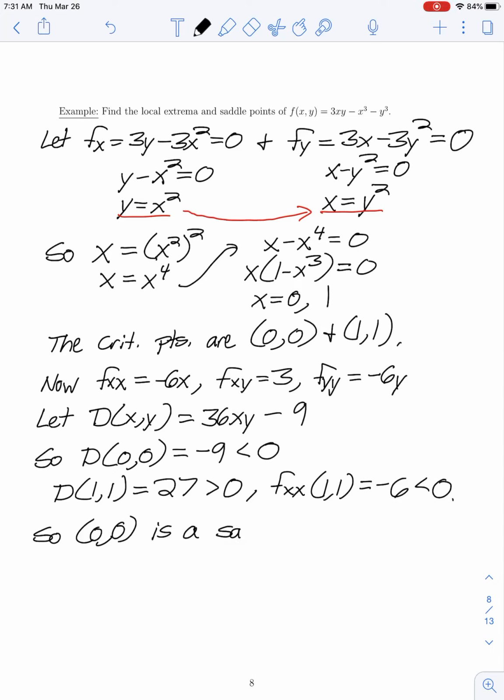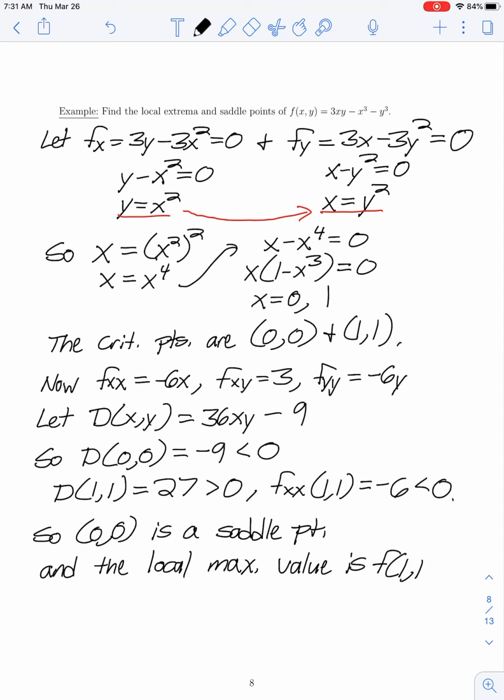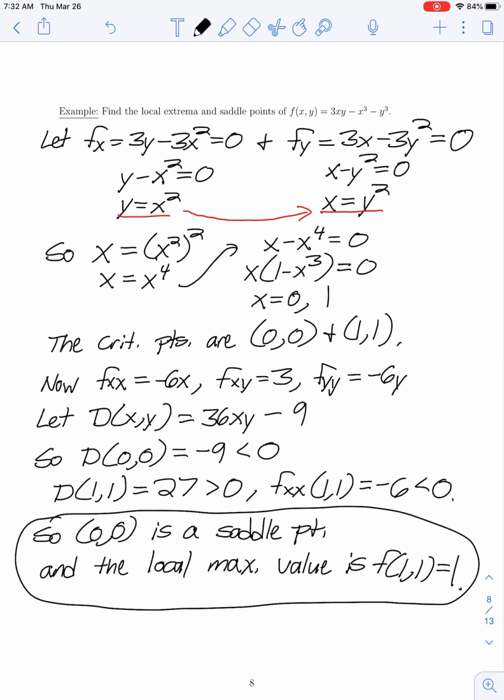So we can then say that the origin, 0, 0, is a saddle point, and the local maximum value would be the value of our function f at the point 1, 1, which in this case is 1.